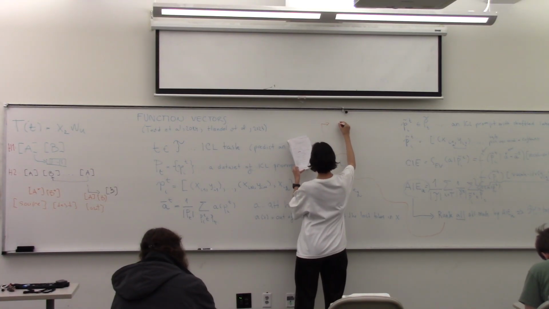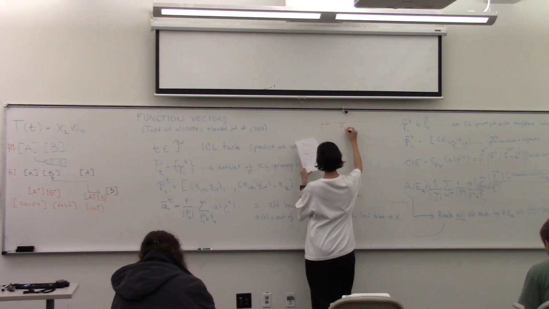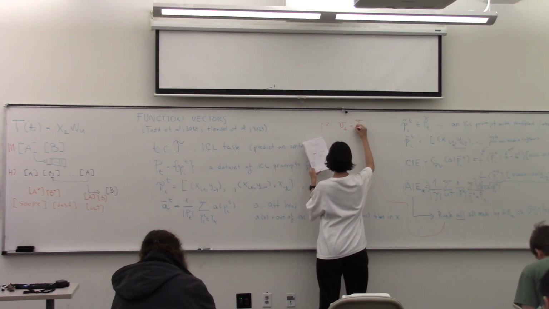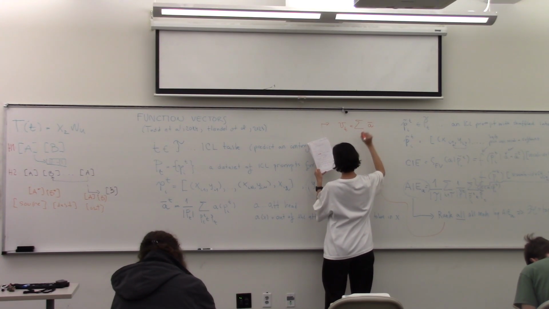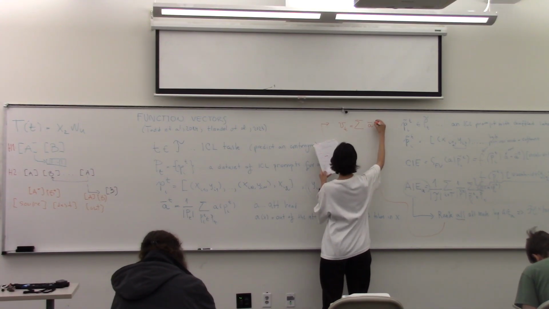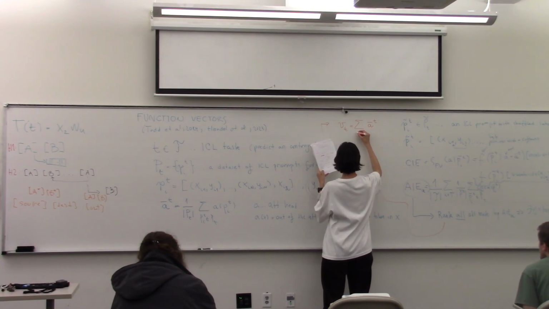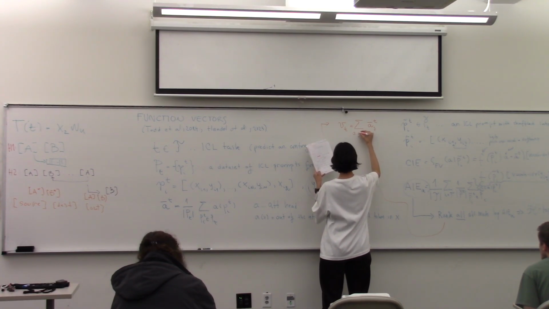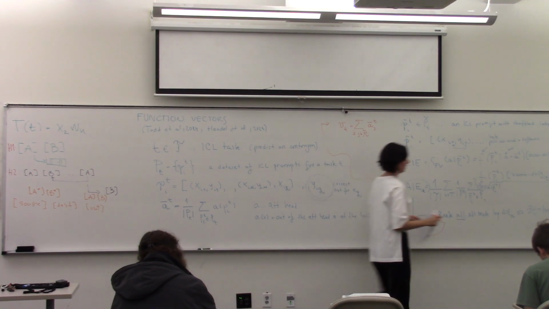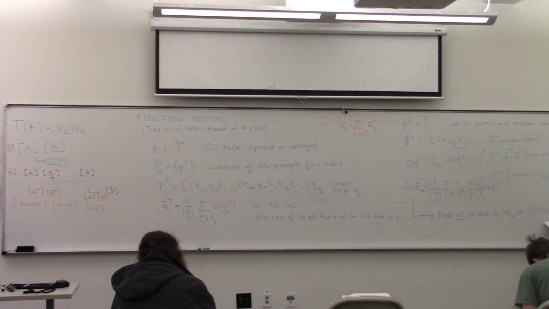The function vector for a given task T is the average of these mean representations for the task. I'll write here ij, where ij are these attention heads in the top 2% that we have just made. So just to repeat, we constructed this metric which tells us how much of the in-context learning performance attention heads can recover when we do the denoising patching.